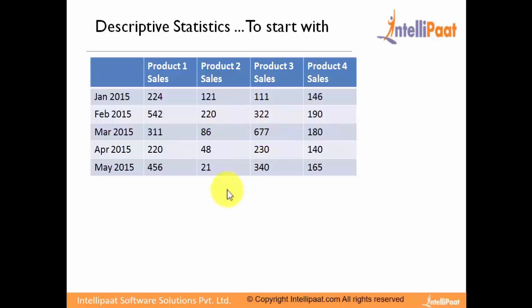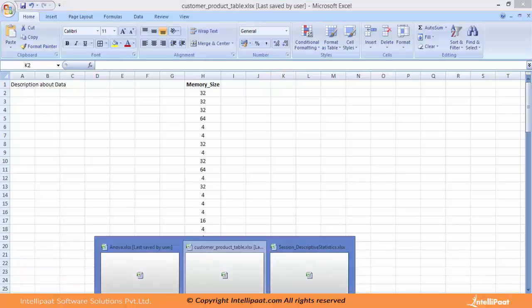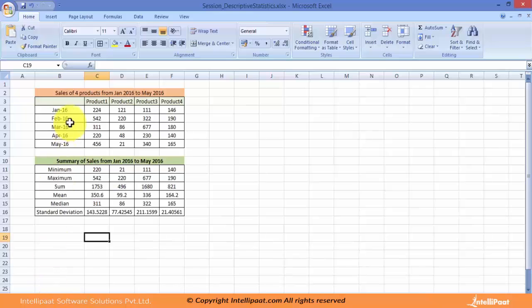But not only like that, we have to use some kind of measure before we summarize the data. Let us take an Excel example. These are the 4 products that I'm talking about and their sales.